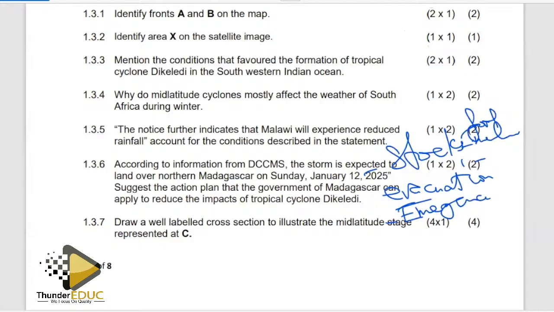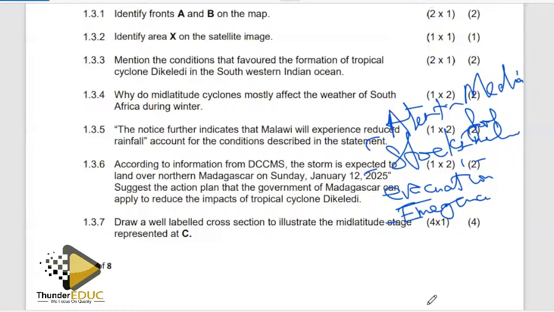Or we can also talk of alerting people. People must be kept alert through the different forms of media, either through radio, television, or different media like WhatsApp, to alert people to be prepared for the coming storm.